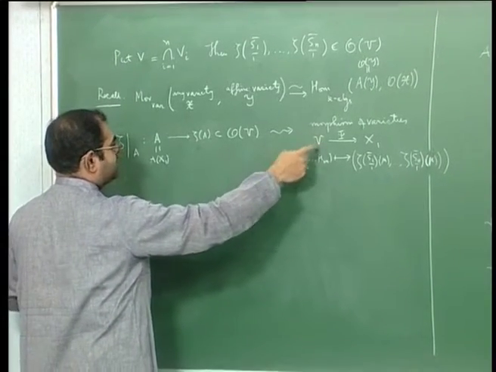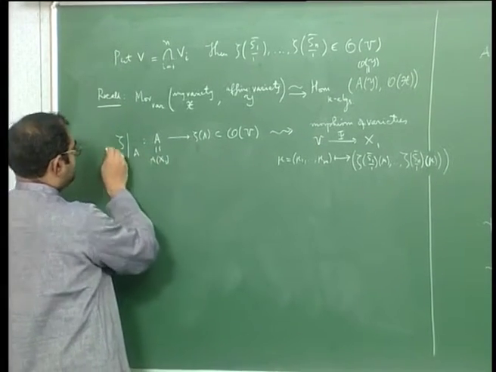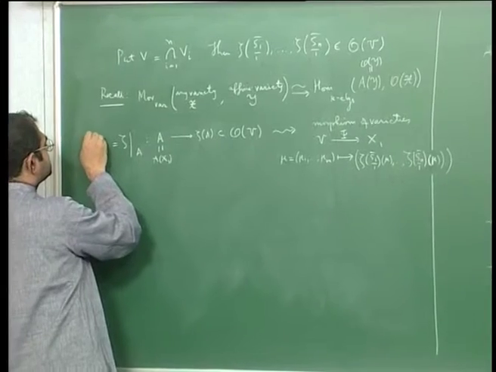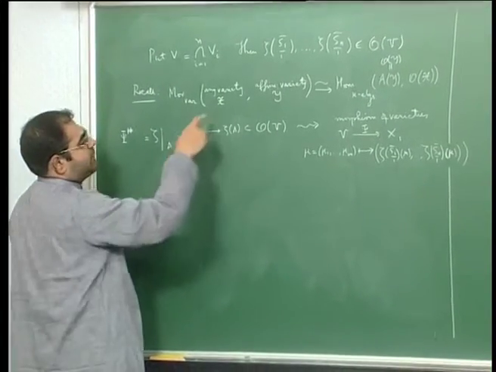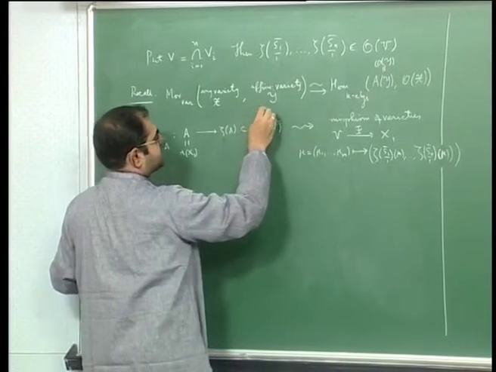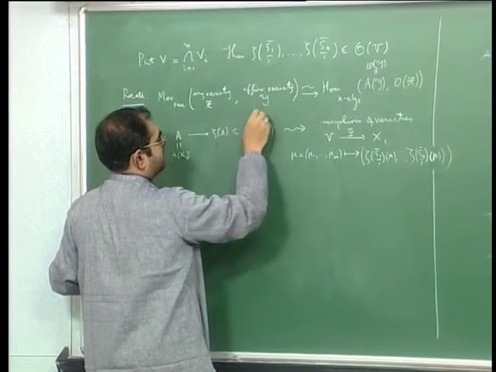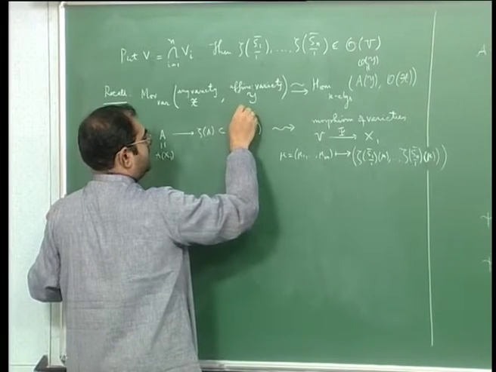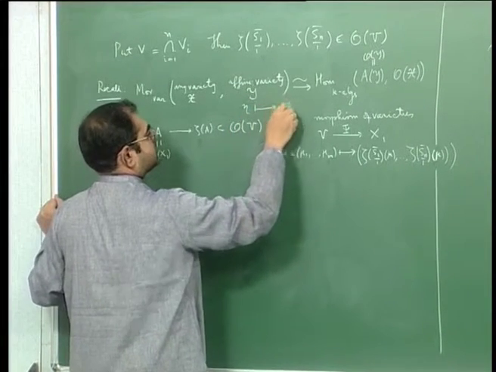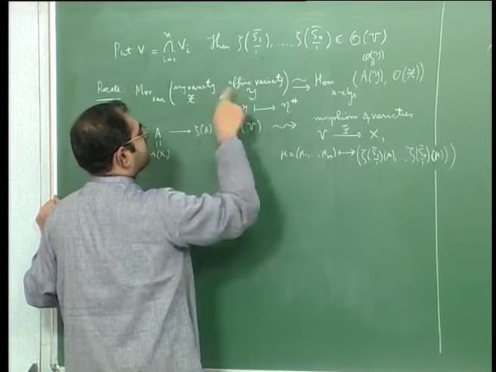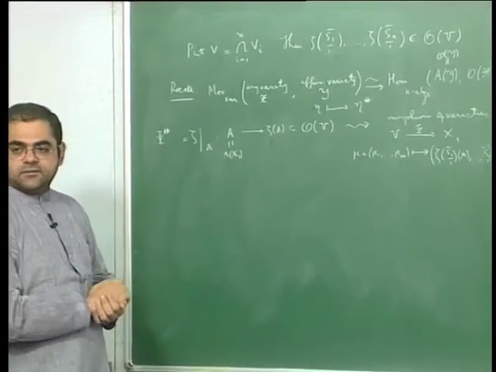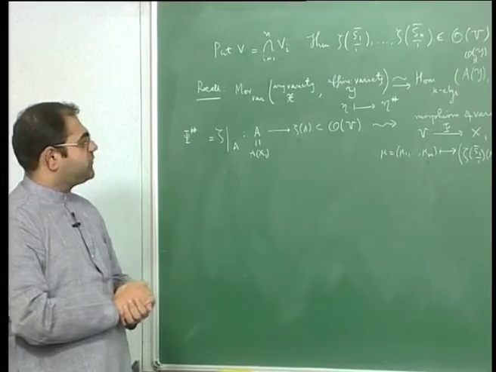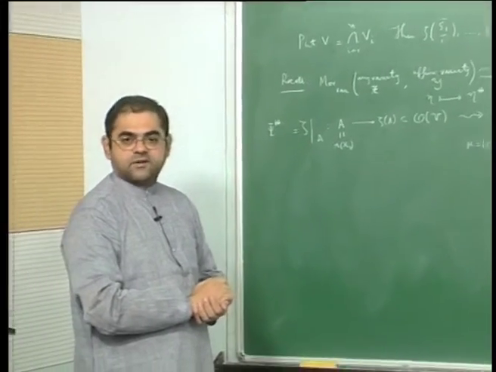What is the meaning that this comes from this? It means that this is actually psi hash, okay, the map from here to here is just eta going to eta hash, because given a morphism of varieties you have the morphism at the regular functions level given by pullback of regular functions.